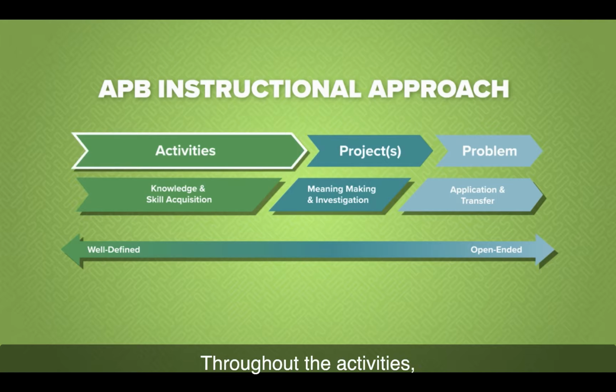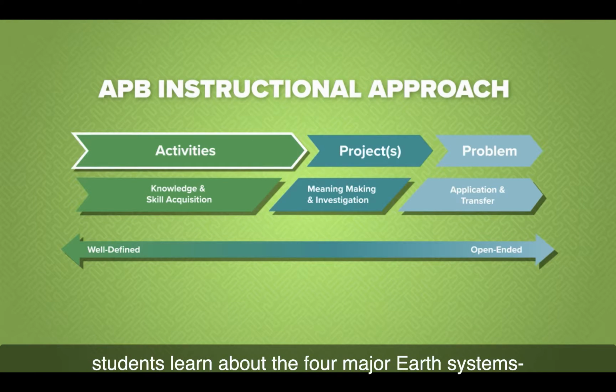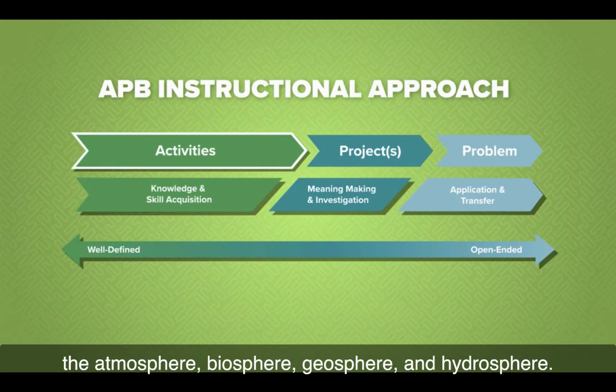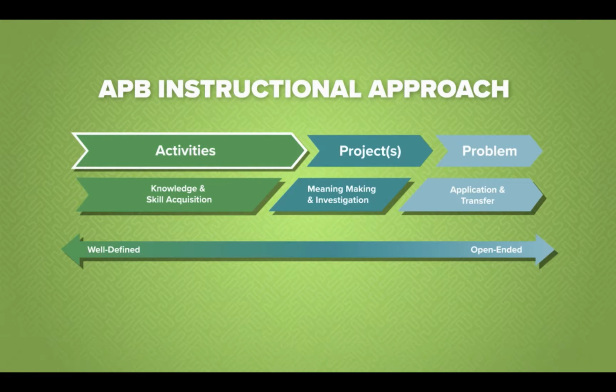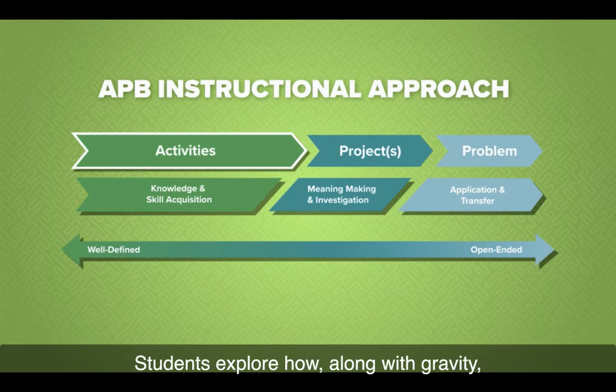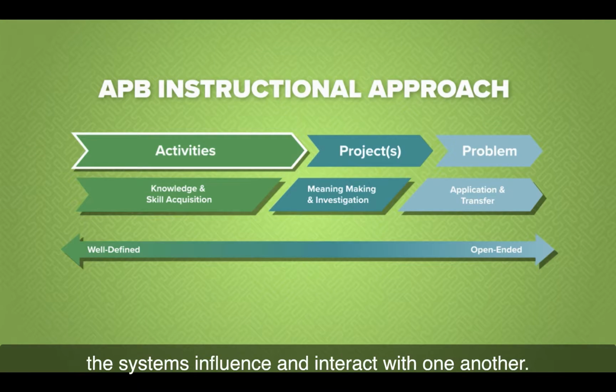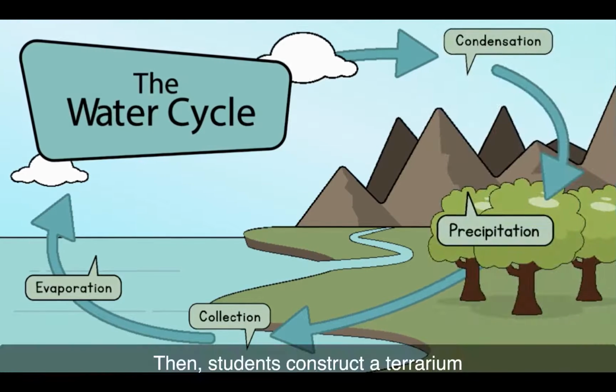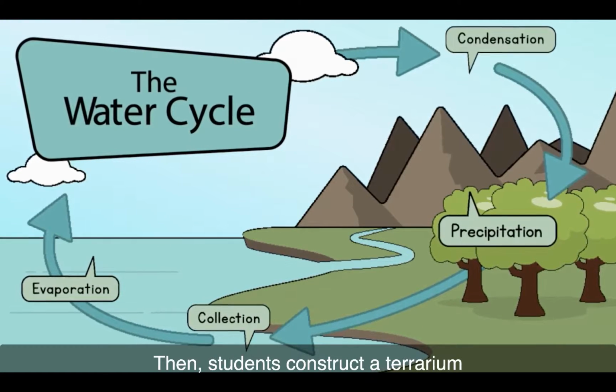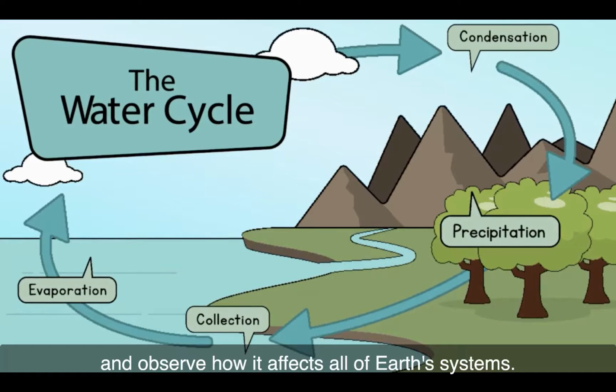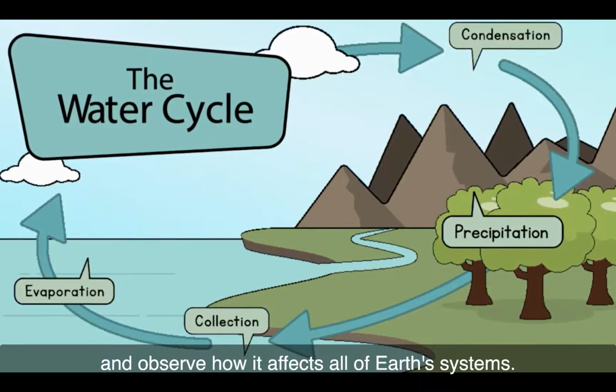Throughout the activities, students learn about the four major Earth systems: the atmosphere, biosphere, geosphere, and hydrosphere. Students explore how, along with gravity, the systems influence and interact with one another. Then, students construct a terrarium to model the water cycle and observe how it affects all of Earth's systems.